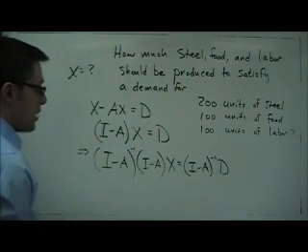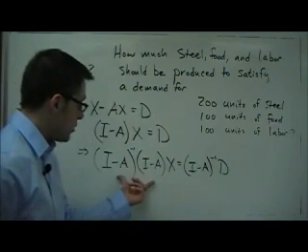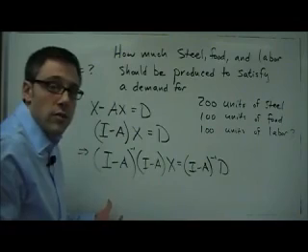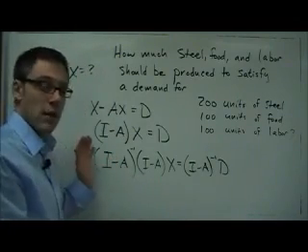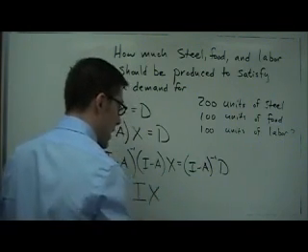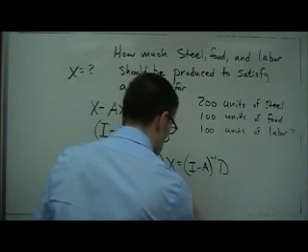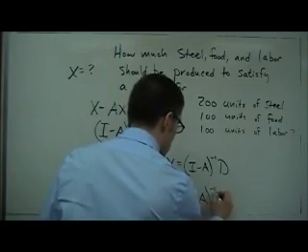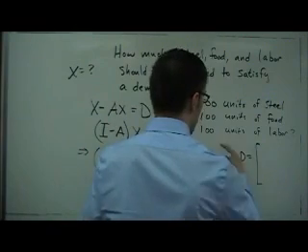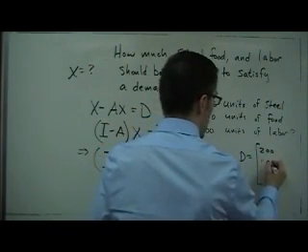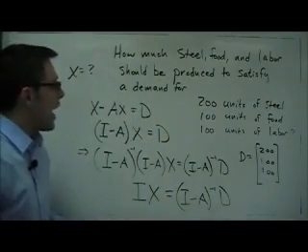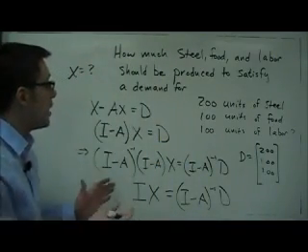Multiplying these two together, you're just going to get the identity, of the size of I minus A. So you get an identity matrix multiplied by x, which is just equal to I minus A inverse times d. And again, remember that your demand matrix here is 200, 100, and 100. So let's do all of this with actual numbers, and we'll find the solution to this particular question.